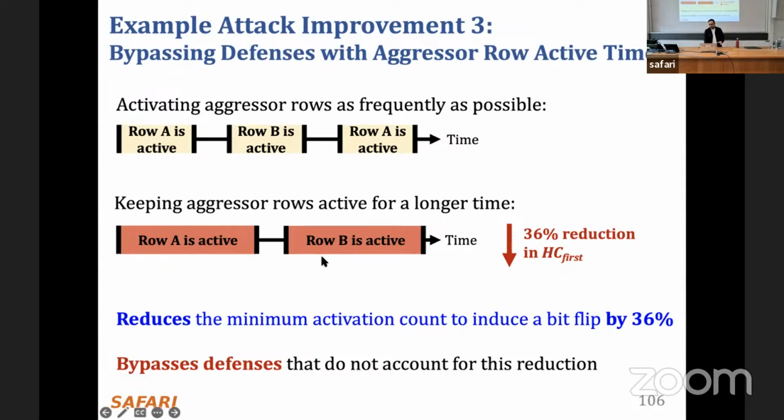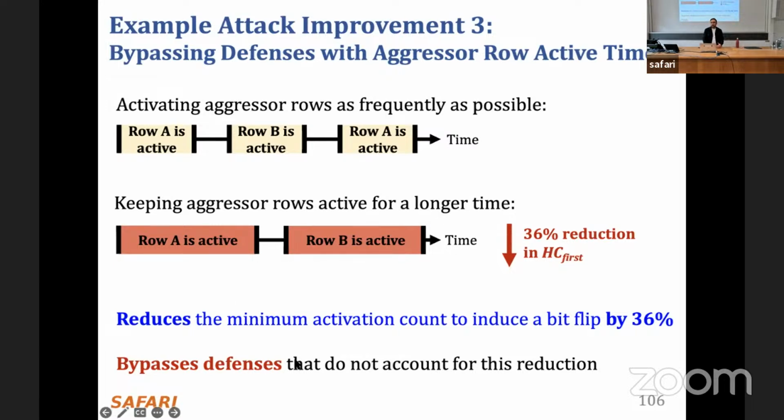But in this study, what we showed is that if you actually use this time to keep your aggressor row active for a longer time, then you can significantly reduce the number of hammers that you need to perform on these rows to induce a bit flip. So as a result, your HC first, or the minimum activation count you need to induce a bit flip, gets reduced significantly.